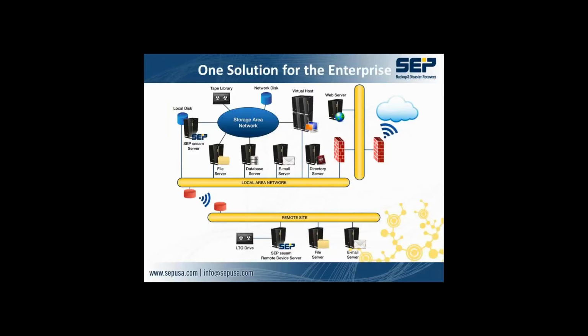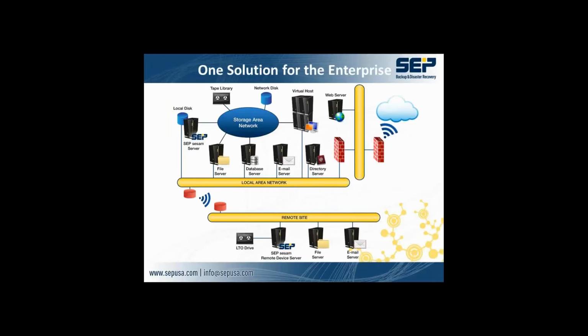Again, that could be a physical server. It could also be a VM running on VMware or any of the other virtual platforms. We could have local attached disk to that server. That could be a NAS, RAID array, a removable hard drive, or disk inside the server as well. I mean, that could really be anything.